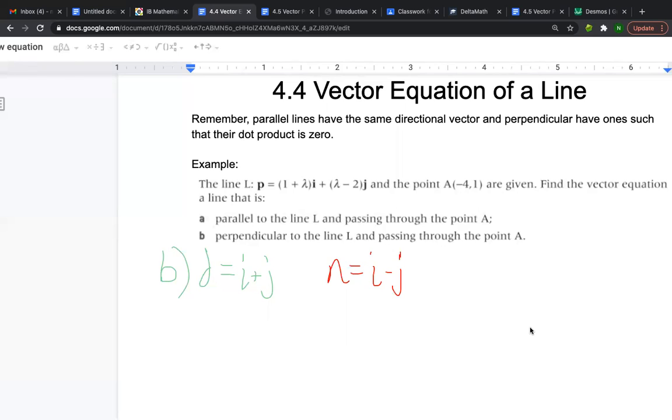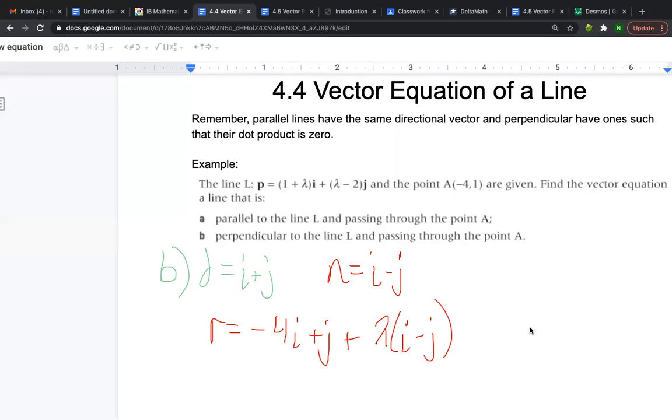So then I come up with my formula where I have r is equal to -4i plus j plus lambda times i minus j. Just my normal directional vector. Okay.